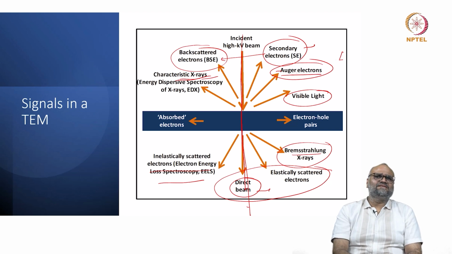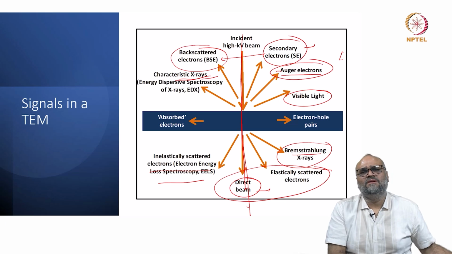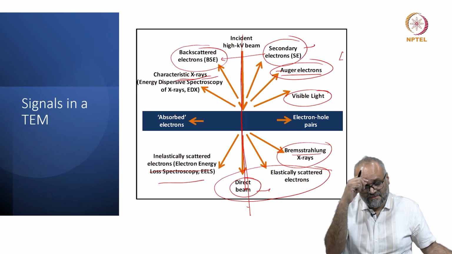We will start understanding all of these scattering phenomena in the next slides, and we will look at more details on these different signals, depending on what kind of signal you are using to retrieve useful information from a specimen. Now, we use most of these signals for different kinds of imaging techniques in a TEM.